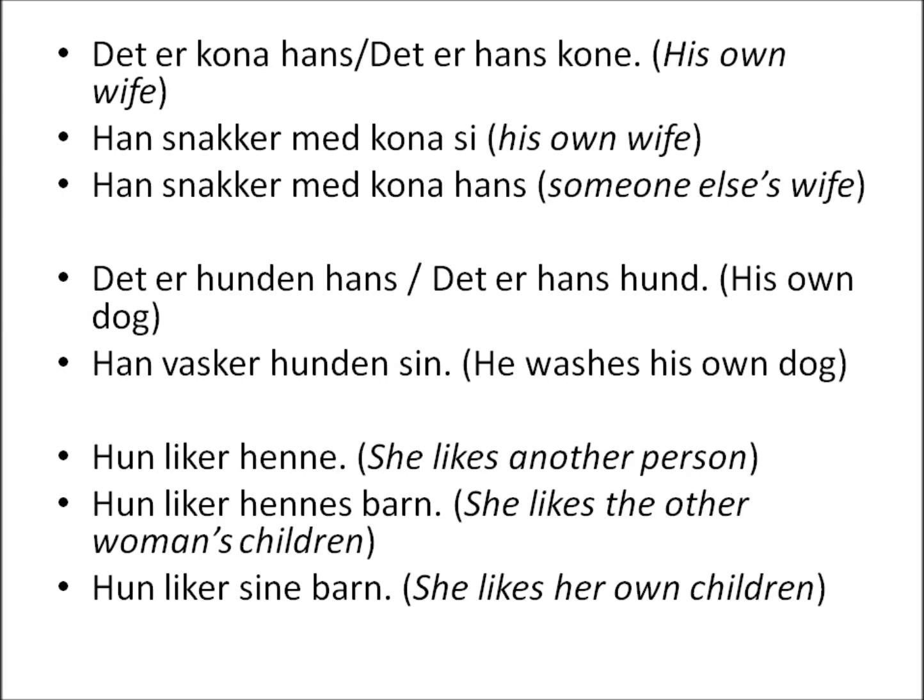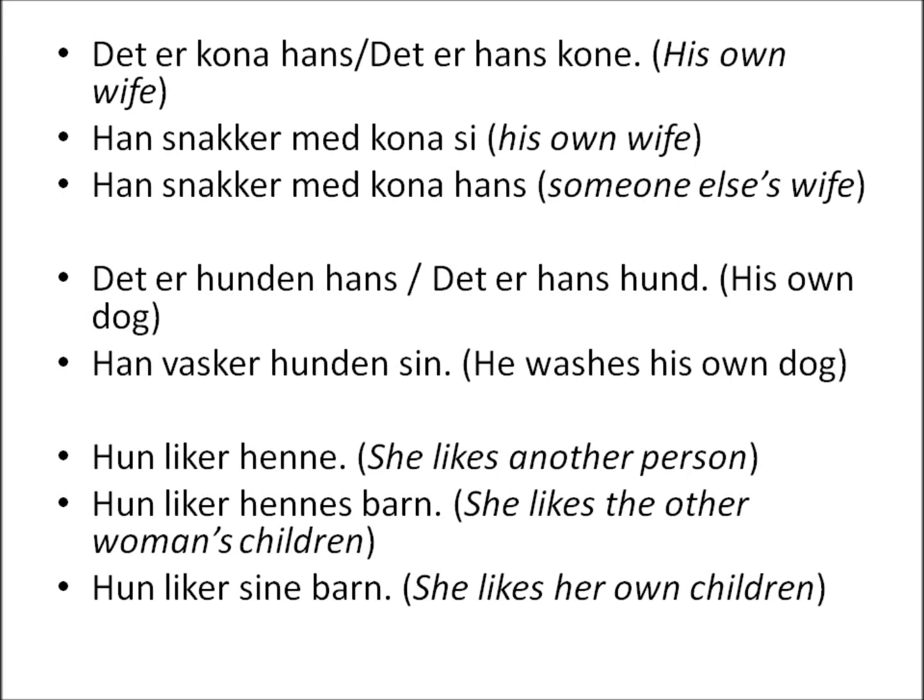So if Per has a dog, and we are using han for Per, we will say they are hunden hans, or they are hans hund, his own dog. And han vasker hunden sin, he is washing his dog. And if you say han vasker hunden hans, he is washing somebody else's dog.